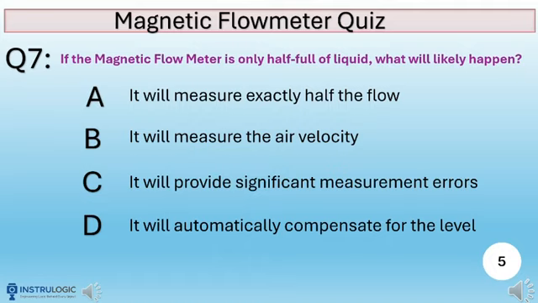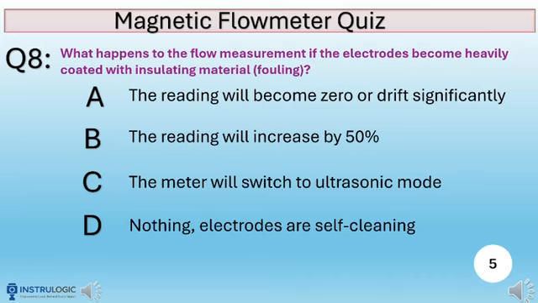If the magnetic flow meter is only half full of liquid, what will likely happen? Question 8. What happens to the flow measurement if the electrodes become heavily coated with insulating material? Fouling.